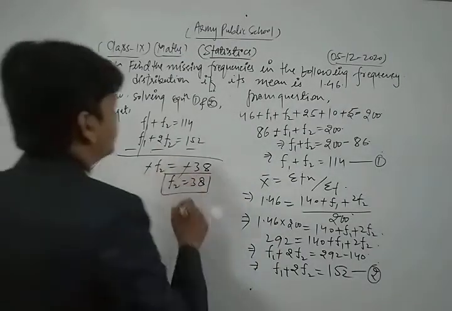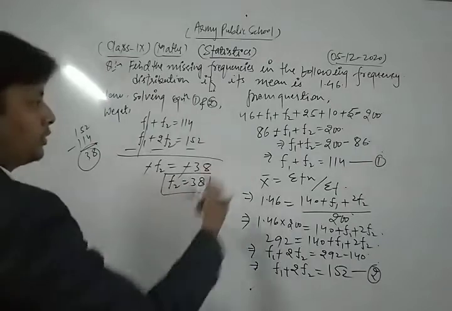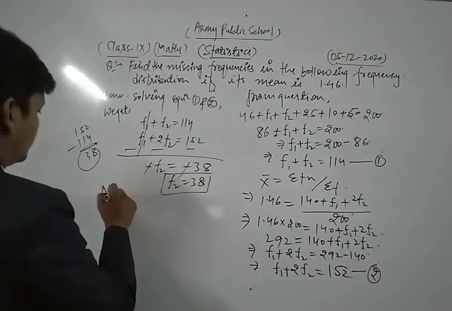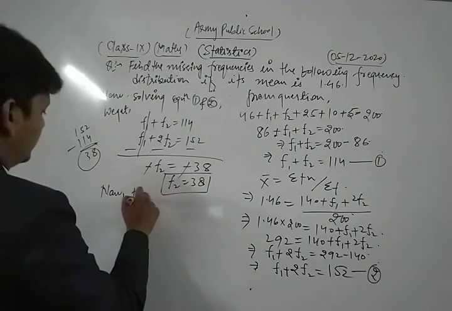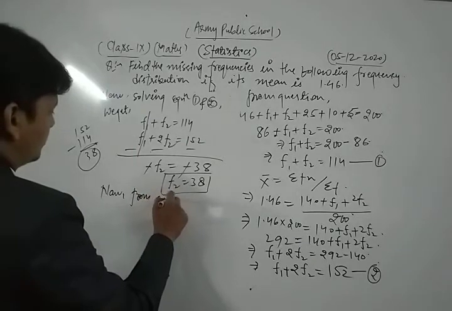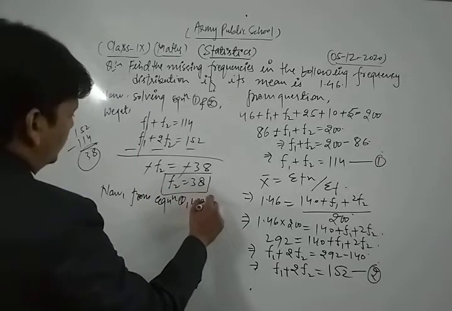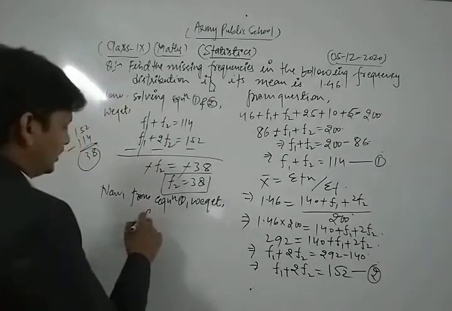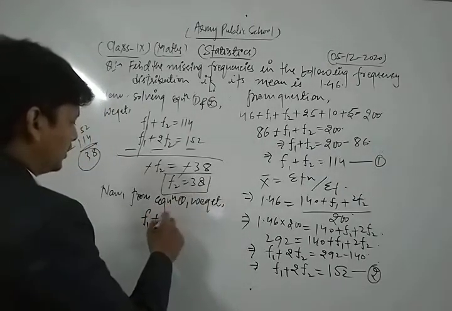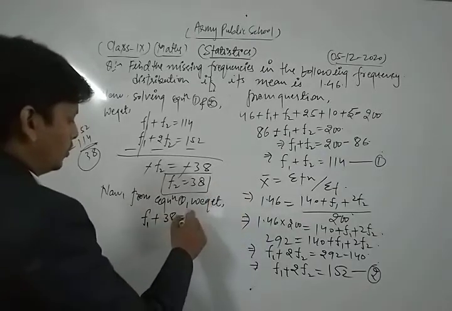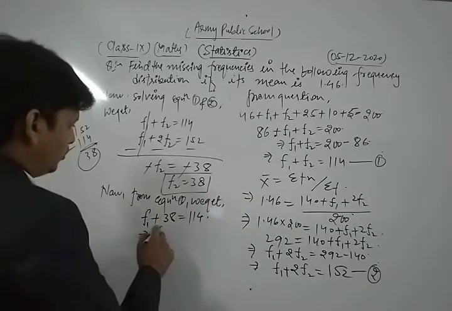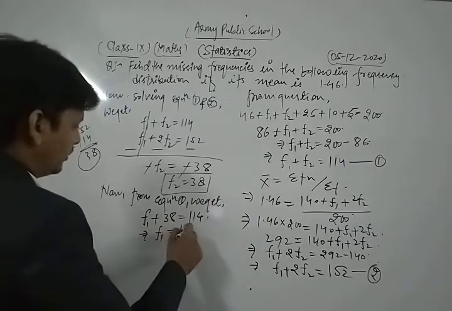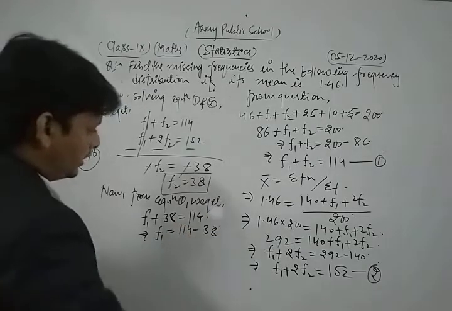Now we put the value of f2 in equation 1. From equation 1 we get f1 plus f2, that is f1 plus 38, is equal to 114. Thus the value of f1 is 114 minus 38.